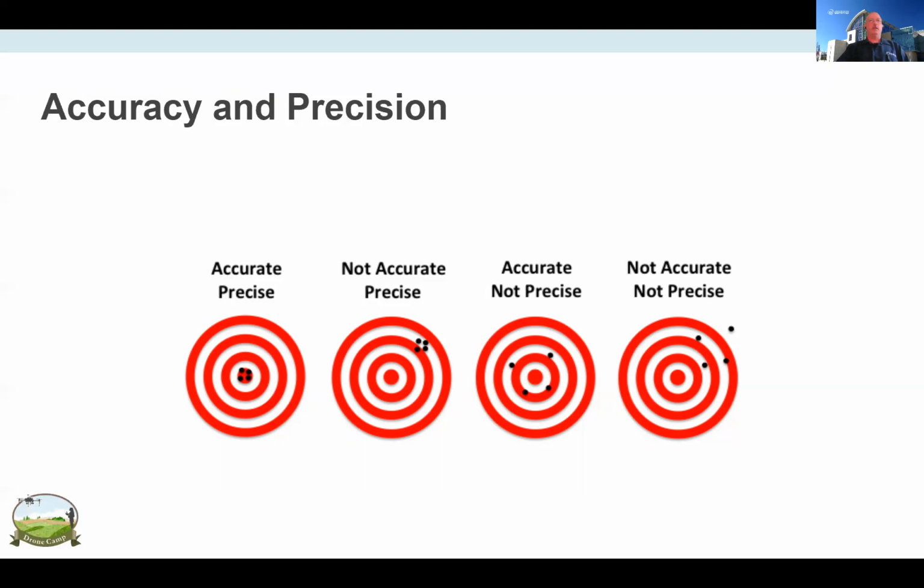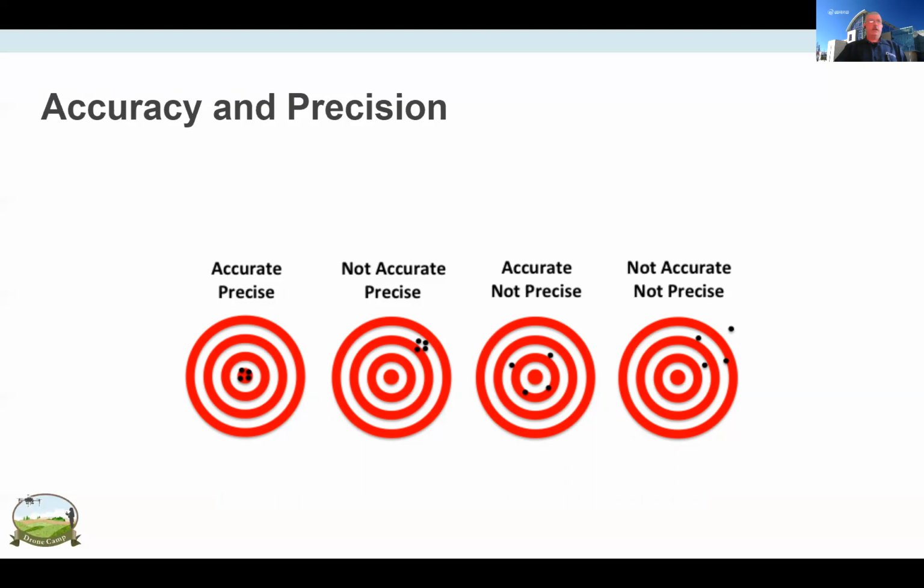Then we can often use an average to find the right value if we have enough measurements. Now, if we're not accurate and we're not precise, then all bets are off, basically. We're not going to be able to use a systematic way of getting to the truth from our measurements if we're just throwing darts blindly at the board.